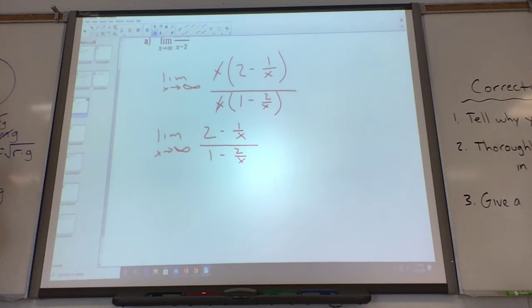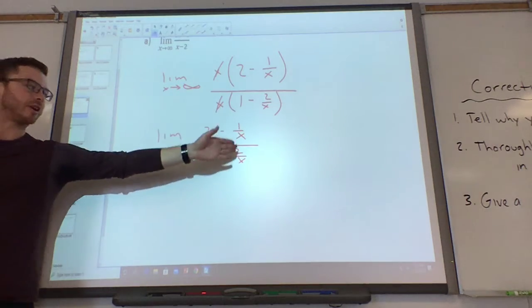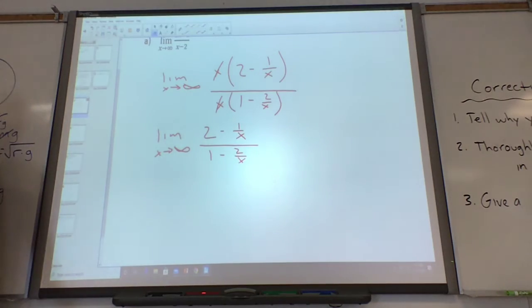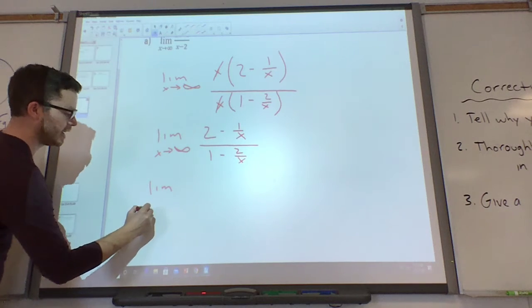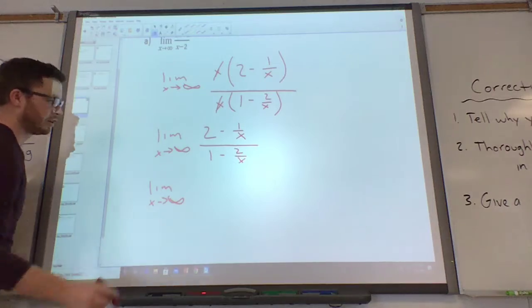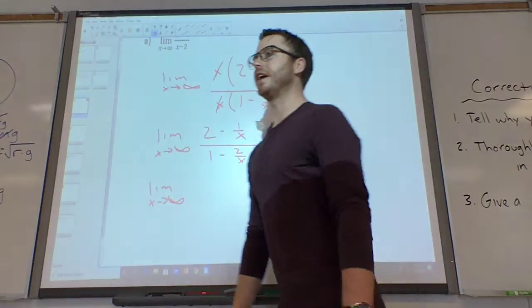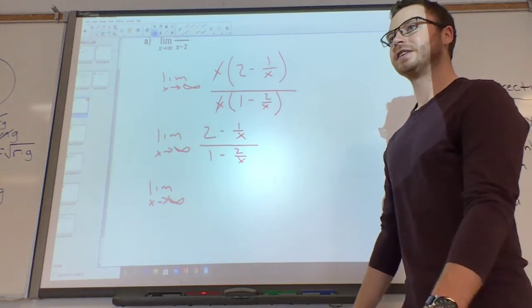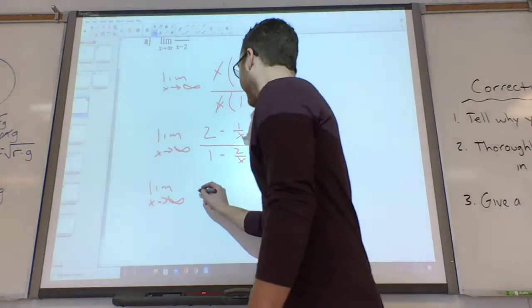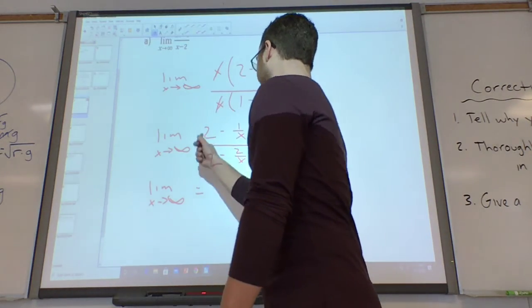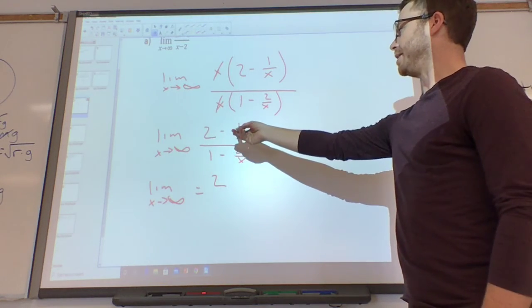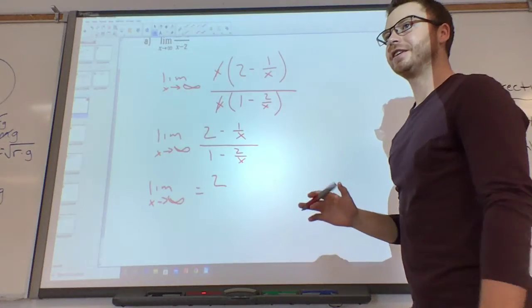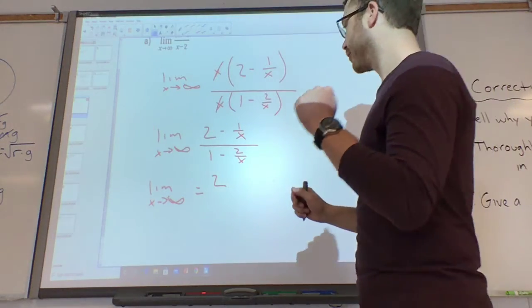Okay. So now we can just substitute in our infinity pretty much, okay? So the limit as x approaches infinity. So what is the limit of a constant? It's just the number. It's just the constant, yeah. So we're gonna have, so limit of 2 is 2, so 1 divided by infinity is 0, right?